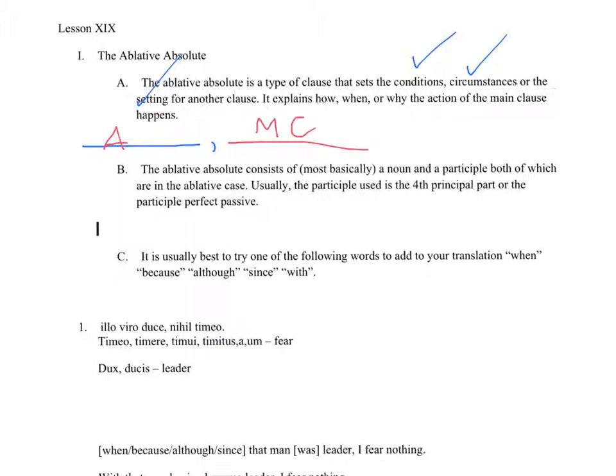The ablative absolute clause will describe the setting or the time, let's say, of the main clause, or it'll describe the circumstances of the main clause, or the conditions under which the main clause took place. Again, that may not make much sense out of context, but you'll see how it works in examples.